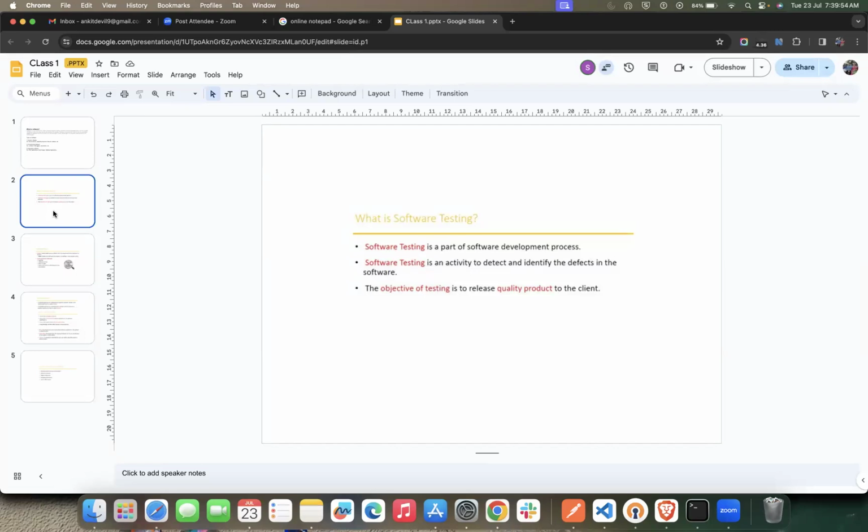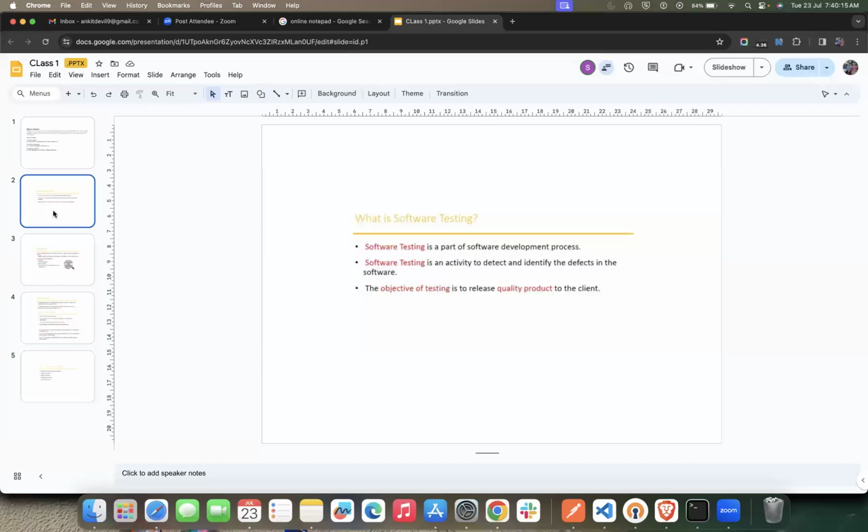So defects not only come in software, they come in real life also. Any deviation from the normal behavior is known as a defect. It can be in general day-to-day items or in software as well.